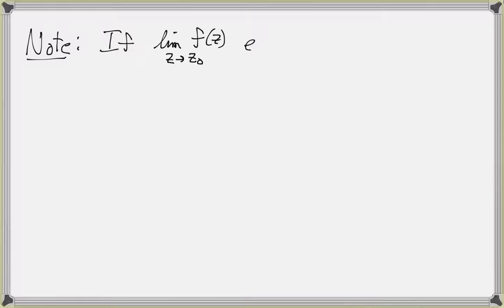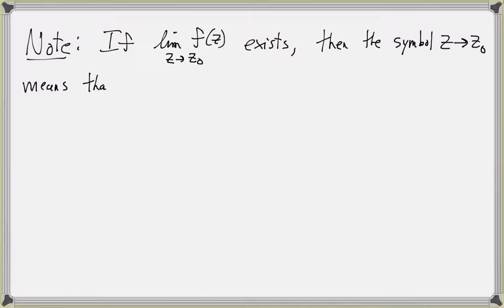Now for an important note about limits of complex functions. If the limit of f of z as z approaches z0 exists, then the notation saying that z approaches z0 means that z can approach z0 from any direction in the complex plane, or in any manner.